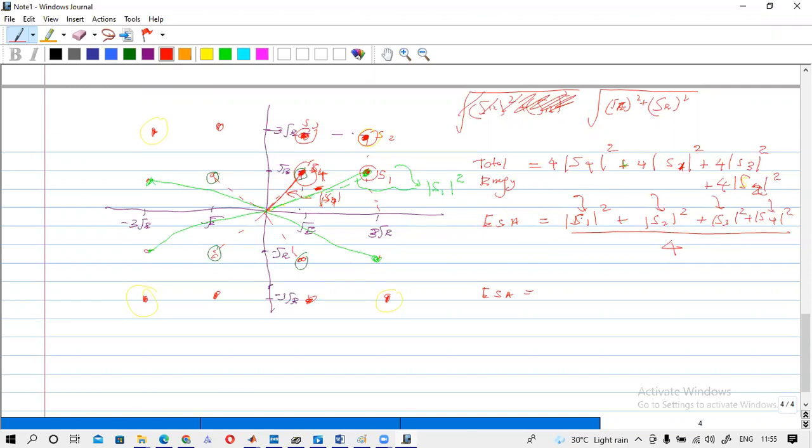Try to get the value, because we have all the coordinates.